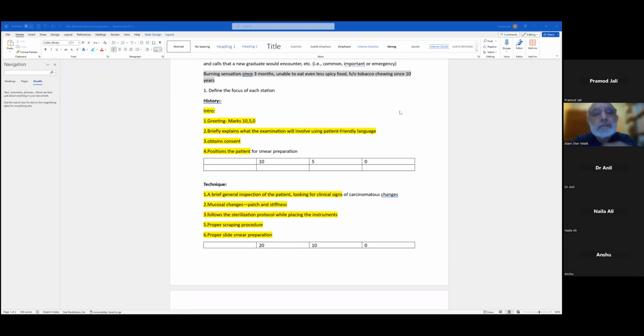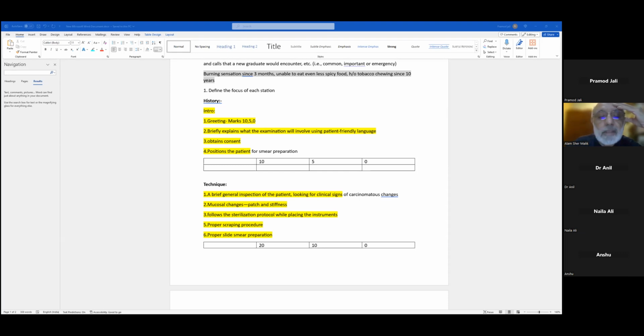Sir, a question I'd like to ask here is, will any patient allow the scrape to be taken, even if it's 4 students? Is it ethical to allow a scrape to be taken? It's going to be difficult. Here is what Dr. Pramod is saying, that they have only 4 PG students.